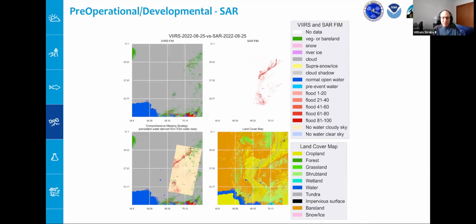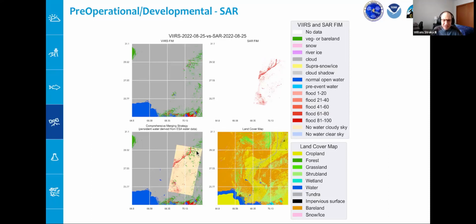Again, another example of this where it's cloudy over Pakistan. You can have the SAR products getting the upper parts of the river. But there is some information down along the coastlines, which the SAR products do not get.